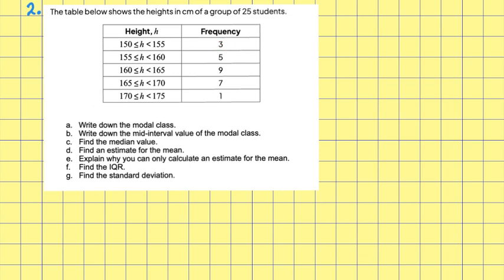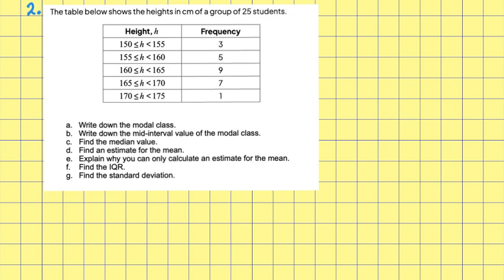The next group is from 155 to 160, and there are 5. The next group is from 160 to 165, and there are 9. The fourth group is from 165 to 170, 7. And the final group is from 170 to 175, and there's 1 of them.